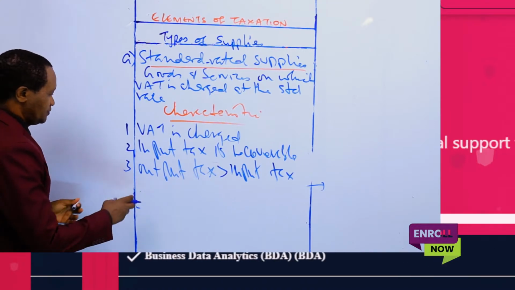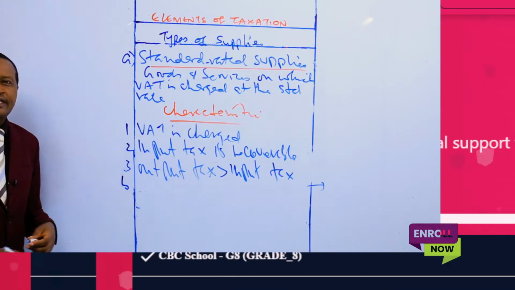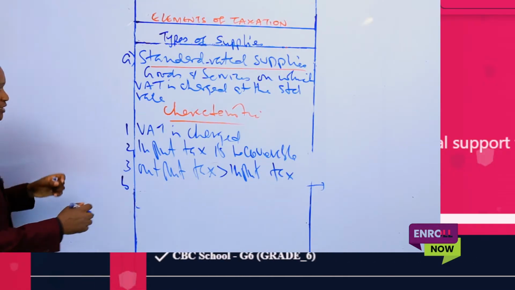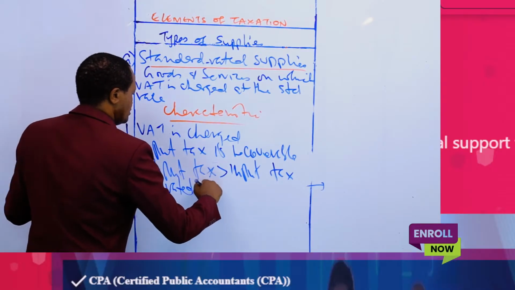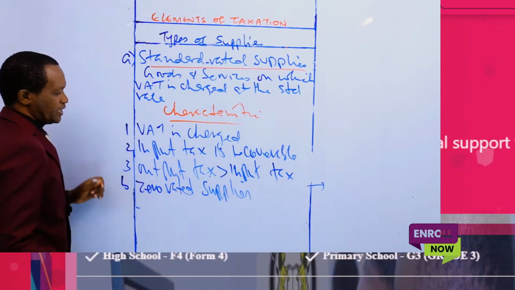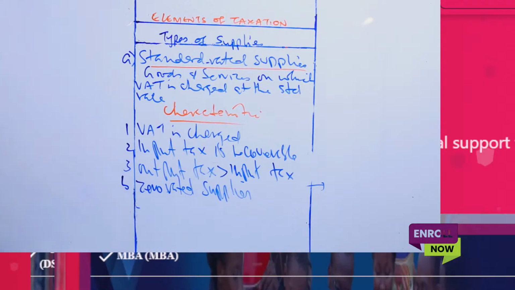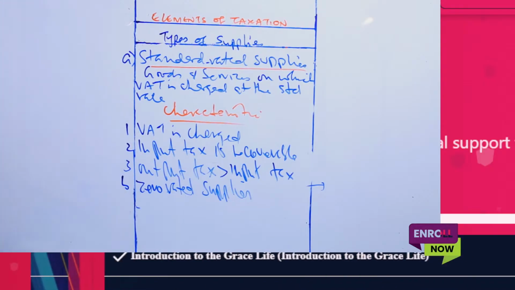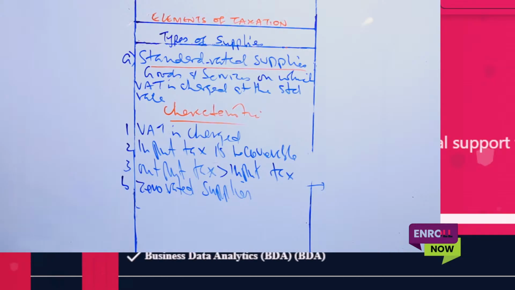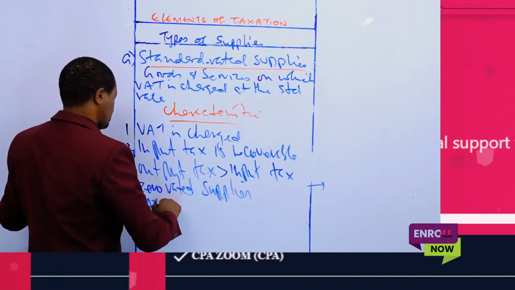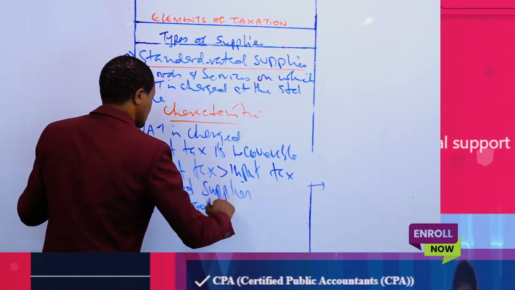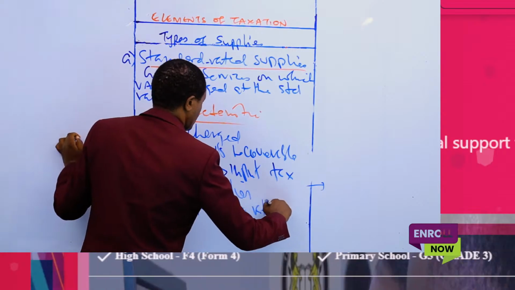Then the second one is the zero rated supplies. Zero rated supplies are taxable supplies on which VAT is charged at the rate of 0%.